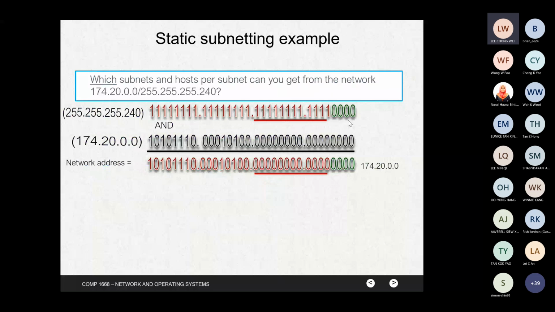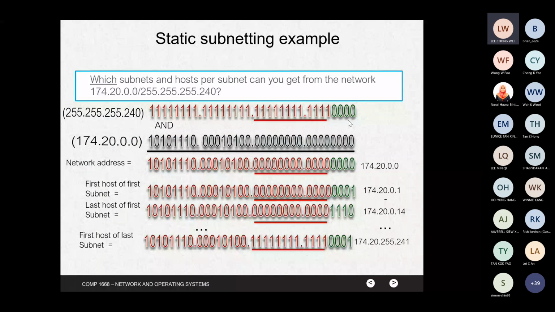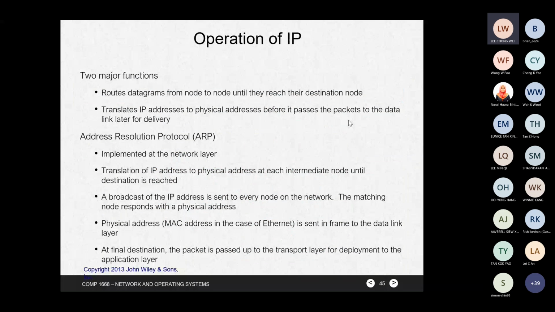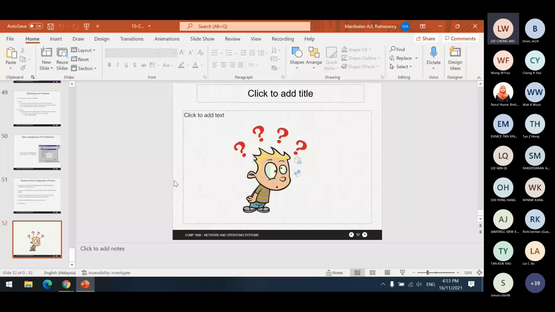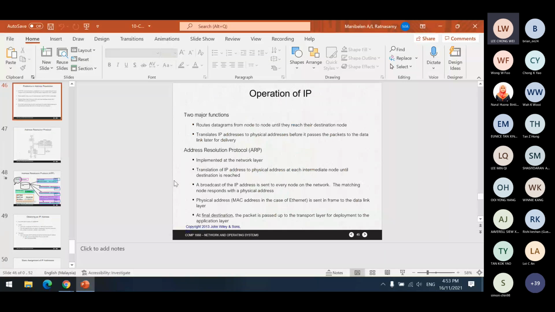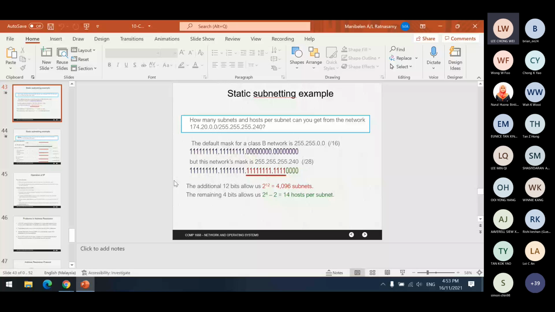I have not seen this complicated calculation yet in your exam paper. Okay, so time is almost going to be 5. We have only a few more slides, which I'll try to finish by today, so that we can do revision in the next classes.